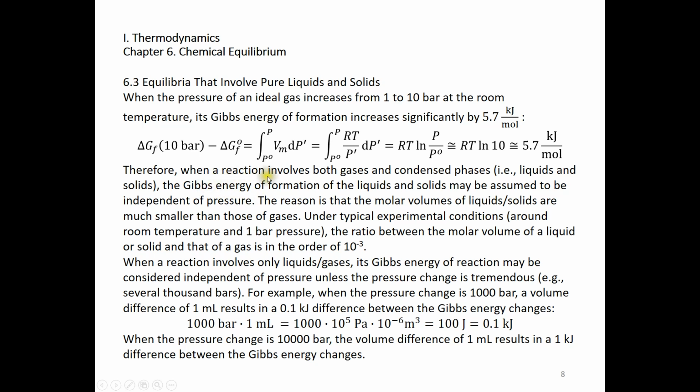So if a reaction involves both gases and condensed phases, where a condensed phase can be a liquid or a solid, then we will simply assume the Gibbs energy of formation of the liquids and solids is independent of pressure. There's no change to the Gibbs energy of formation of the liquids and solids. You simply look up the standard Gibbs energy of formation for the liquid and solid and use those values, no matter what the pressure is, only because their pressure dependence is negligible.